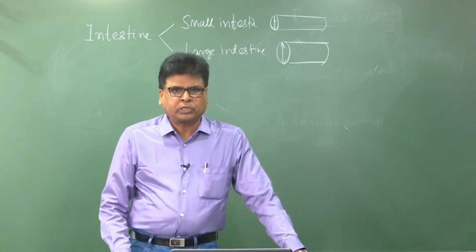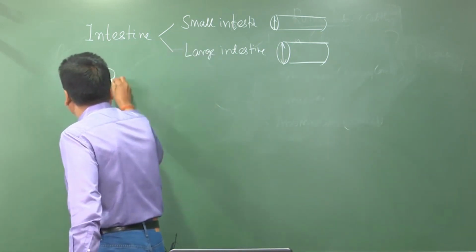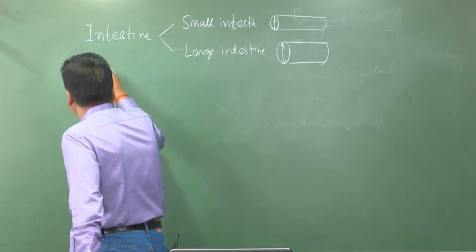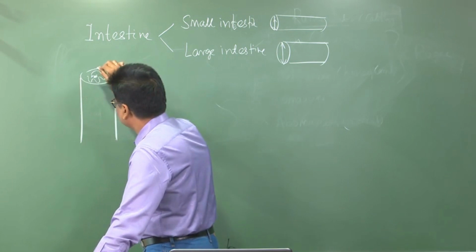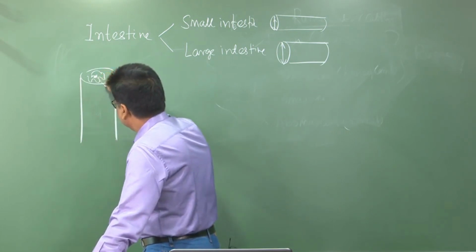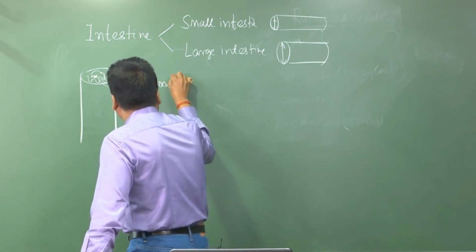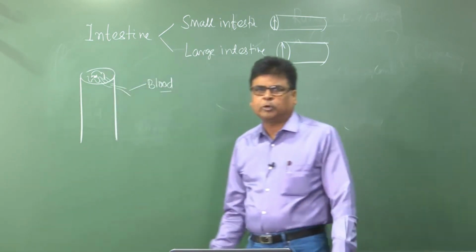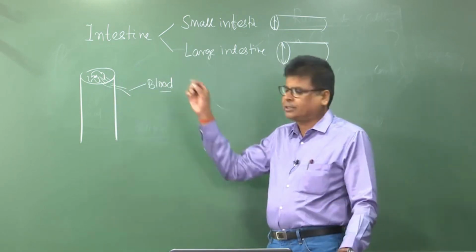For example, this is the intestine, and this is the lumen. So the food material is present here. Mostly the food is digested here, and after digestion the food material will enter the capillary wall, and finally enter the blood, and this blood will circulate the digested food material. So absorption is also held in this region.